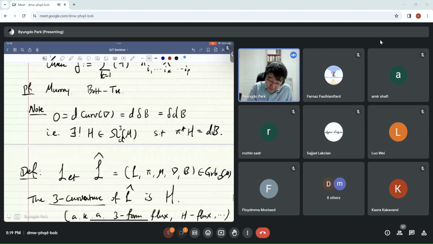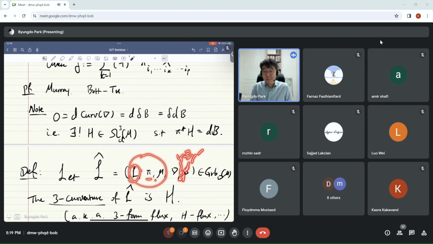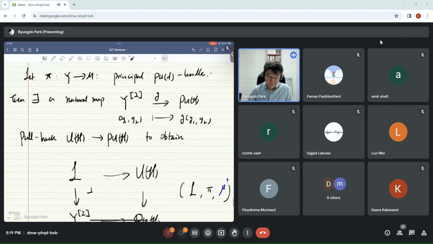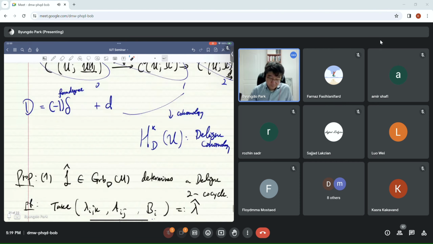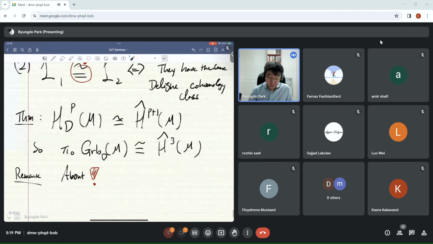If you have some gerb data, a line bundle and a surjective submersion Y over M, then it should be some sort of commutative diagram with Y prime, and this must be a diffeomorphism. That's some sort of naive way to imagine what it is, but no, that is not true. That is not the right way to define an isomorphism between two bundle gerbs.